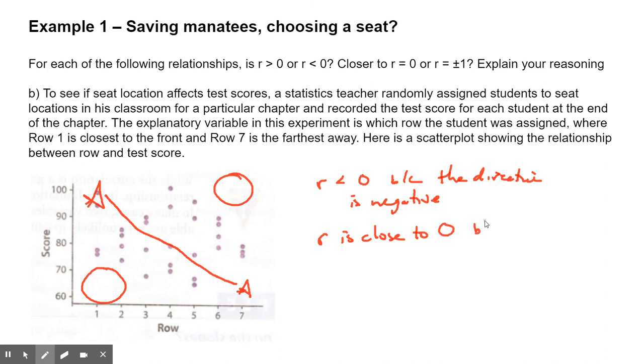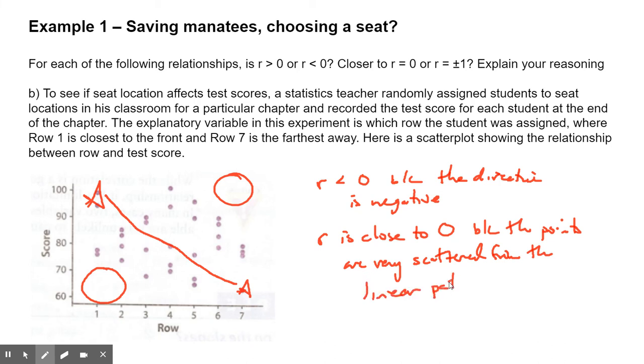And again, it's because the points are very scattered from the linear pattern. And there you go.